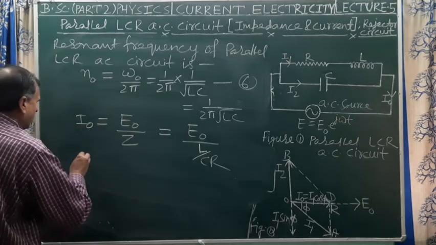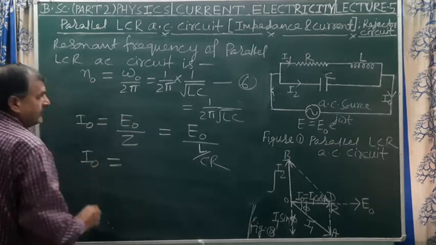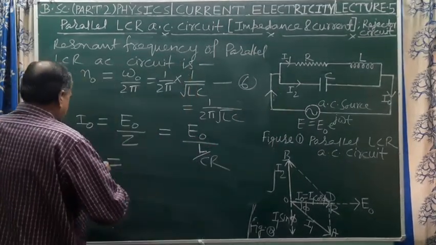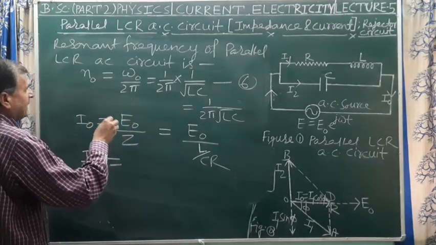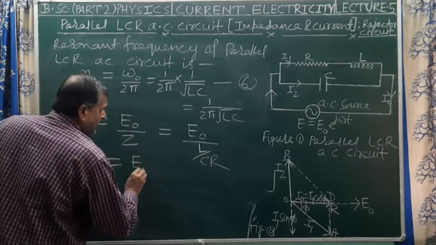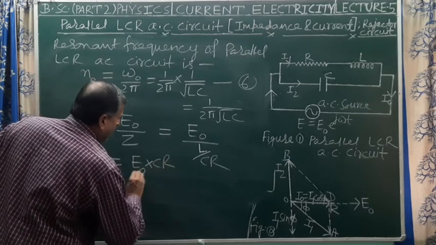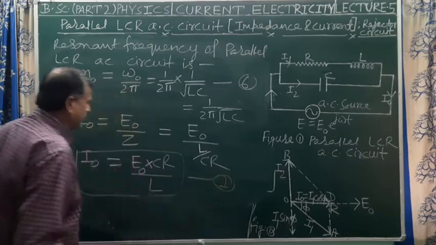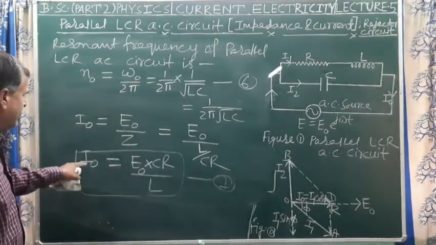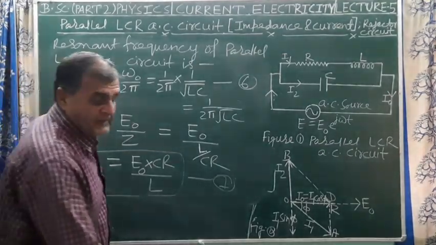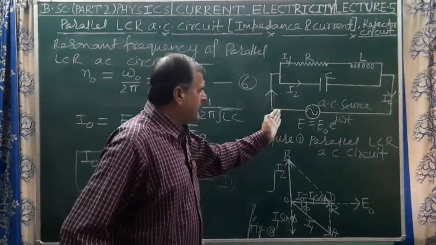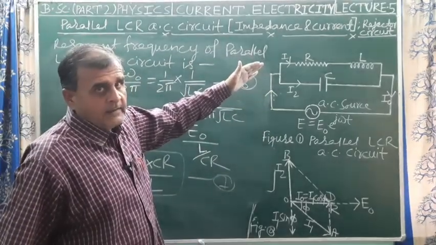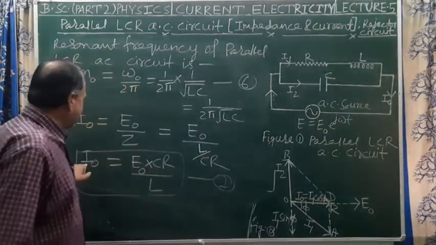So the final expression for source current or makeup current in this circuit, that is the parallel LCR AC circuit, is E naught multiplied by CR upon L, capital L, and this is equation number 7, which is the final expression. And it is very interesting that I naught, the makeup current or source current flowing through the LCR parallel AC circuit, is directly proportional to capital R.